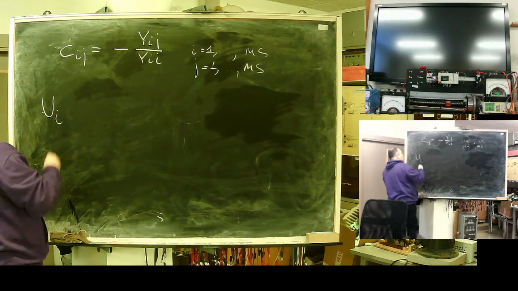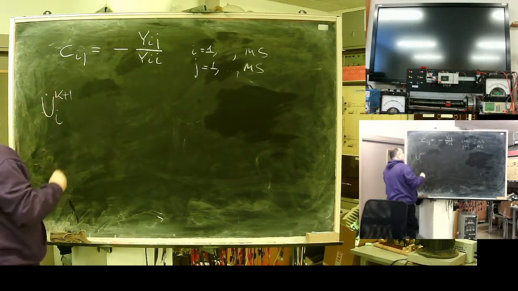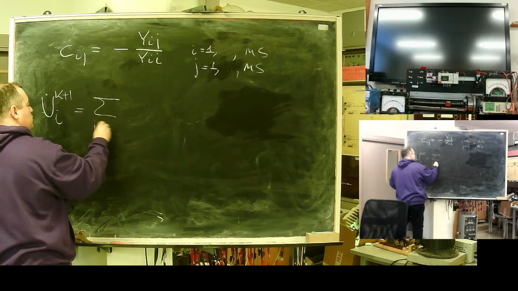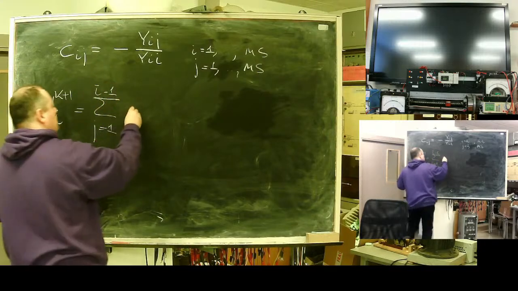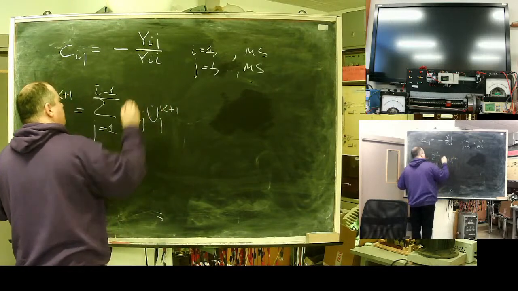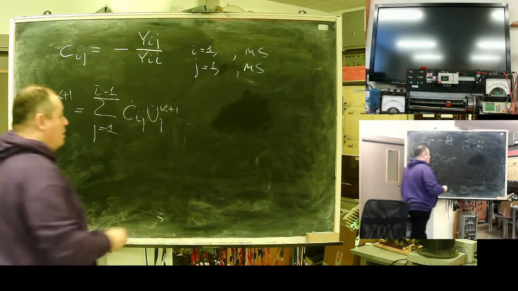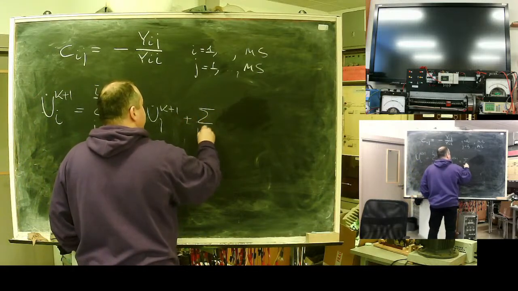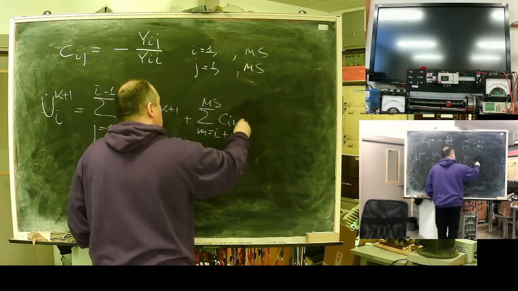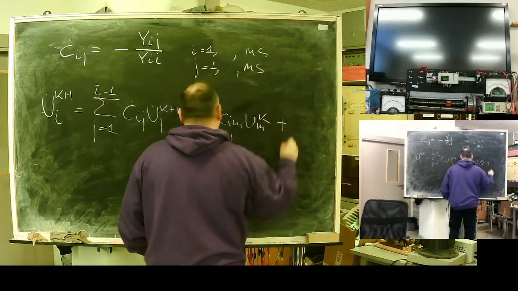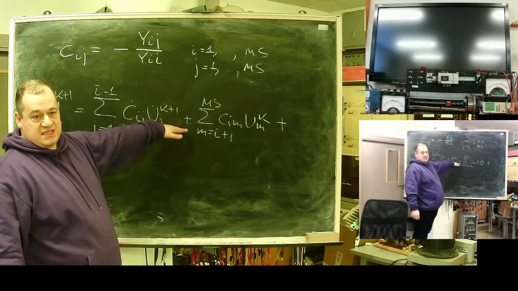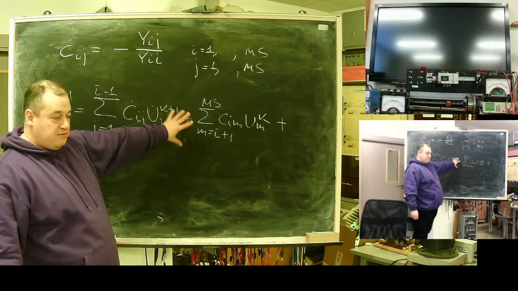Our key formula looks like this. Voltage in the i node, next step, is a complex value and will consist of the sum, let's change from 1 to i minus 1, of C i j U next, plus the sum from i plus 1 to the number of nodes of C i j U previous, plus this part, which is the same as what we saw in our AC network modeling. This part is quasi.